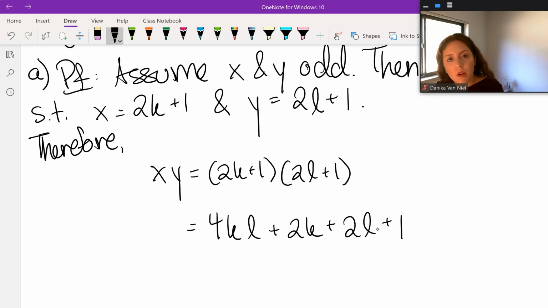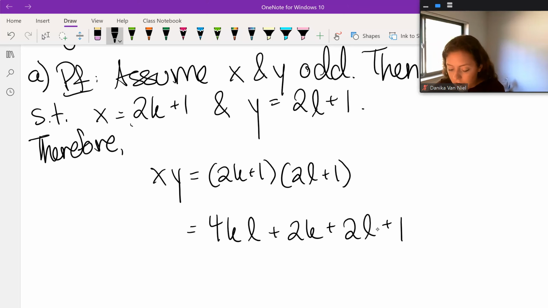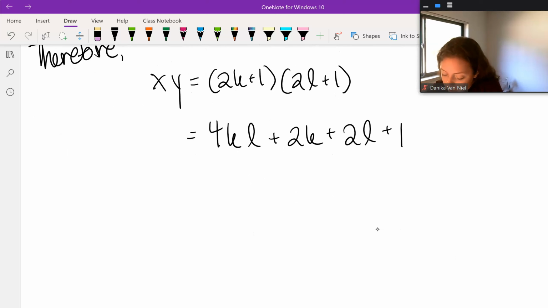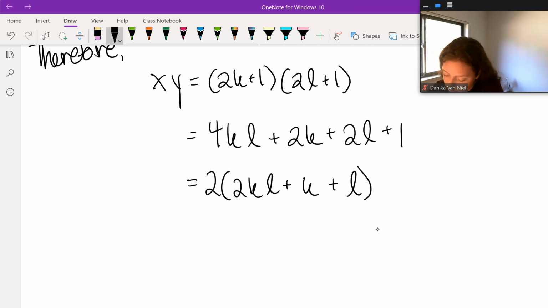Okay, cool. So what is it we're trying to show? We're trying to show that x times y is odd. For something to be odd, it has to be 2 times some integer plus 1, or maybe minus 1. So I notice I can pull a 2 out. And boom, we got it.